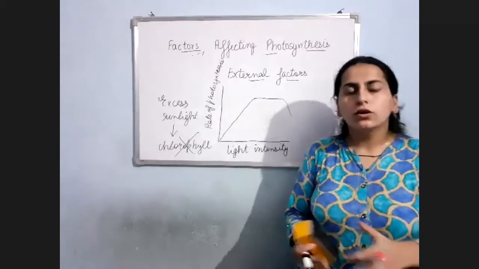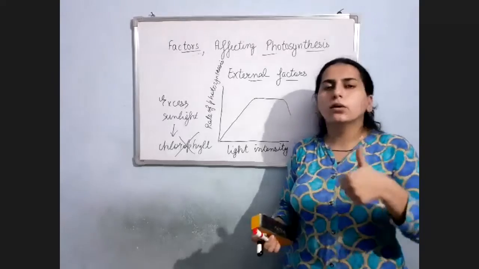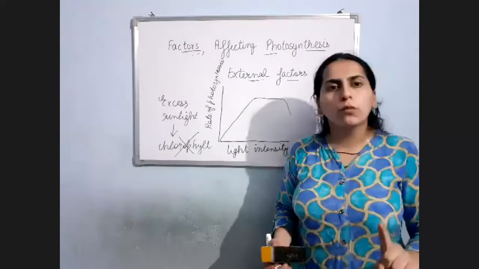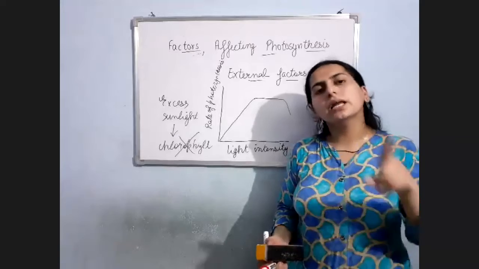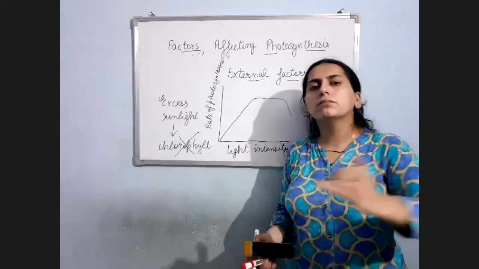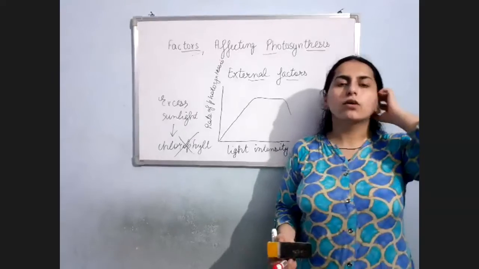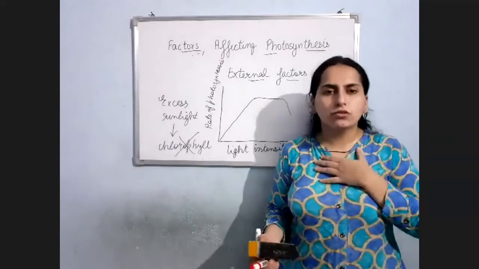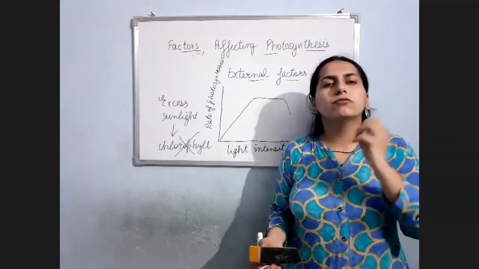Am I clear? So lower in the light intensity, lower in the photosynthesis. Higher in the light intensity to a certain point, the photosynthesis will increase. After that certain point, the photosynthesis become stable. Basically, if I talk about it in percentage, then plant used to get saturate at 10% of the full light.